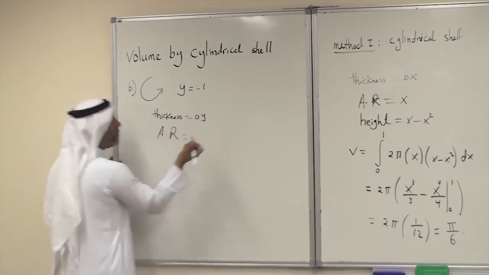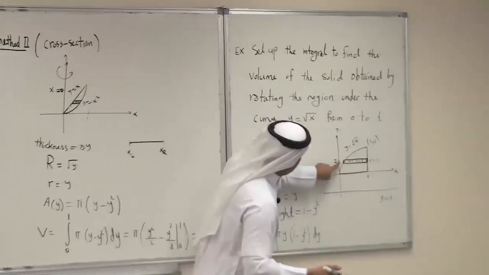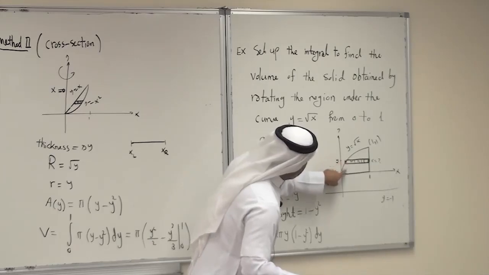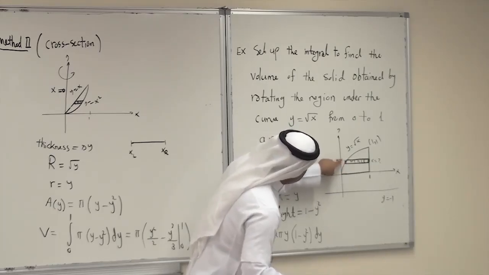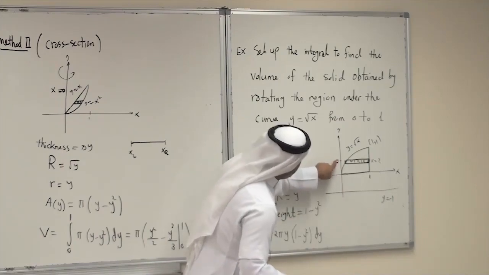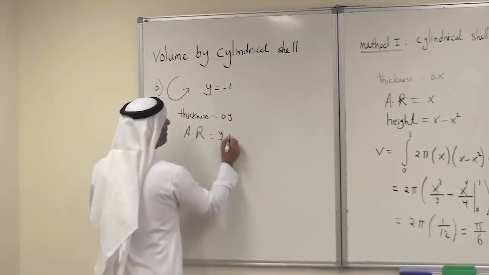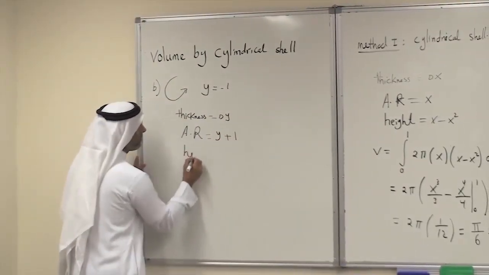The average radius is the distance from the midpoint between this altitude and that altitude, up to the axis of revolution. So it is y minus (minus 1), so that is y plus 1. What about the height?